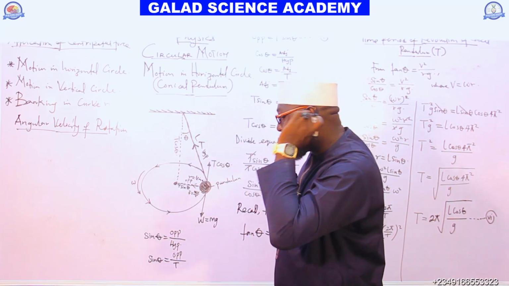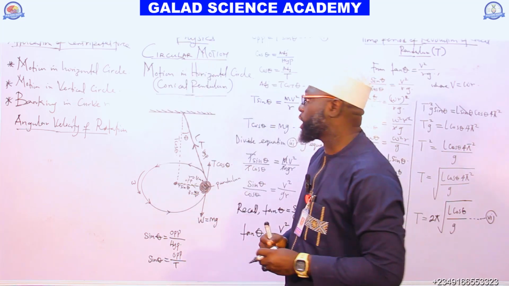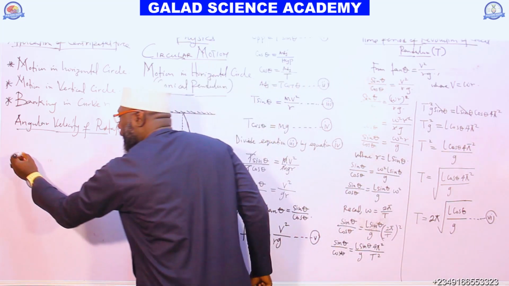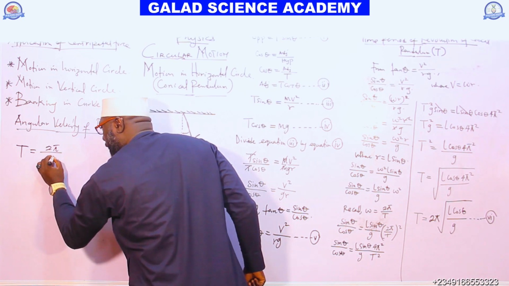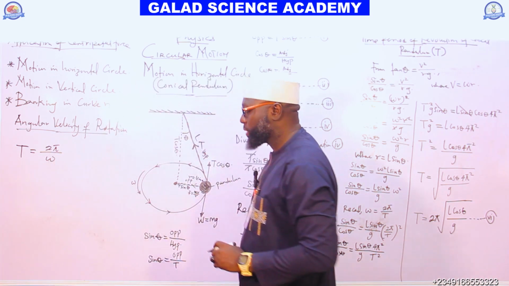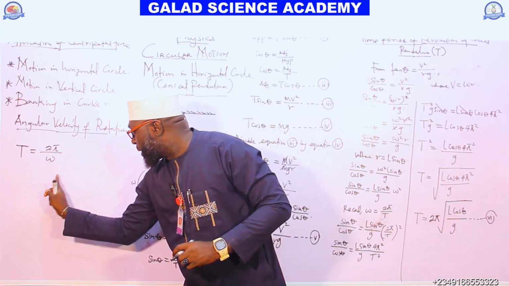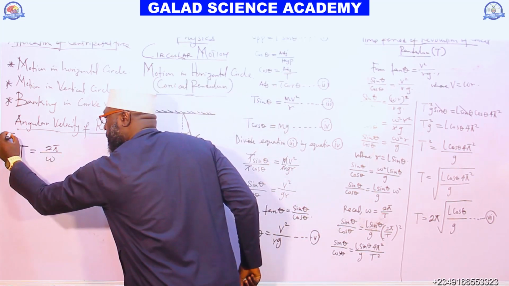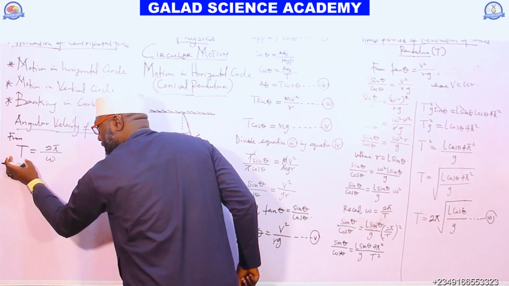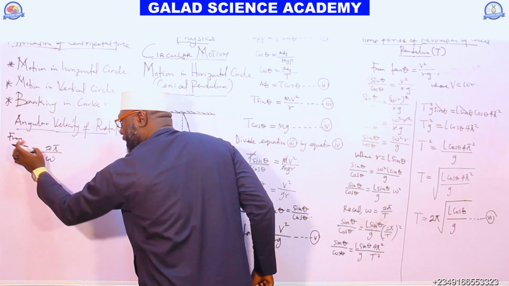And if you remember, from the beginning of circular motion, we have proved that the period T is equal to 2 pi over angular velocity, omega.